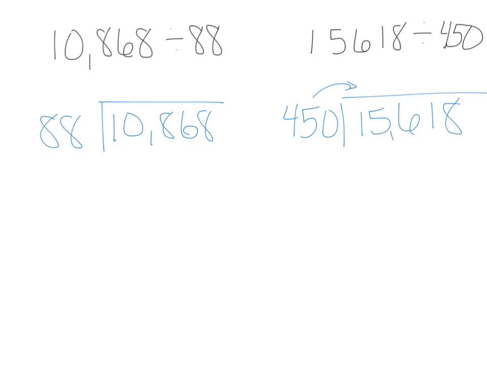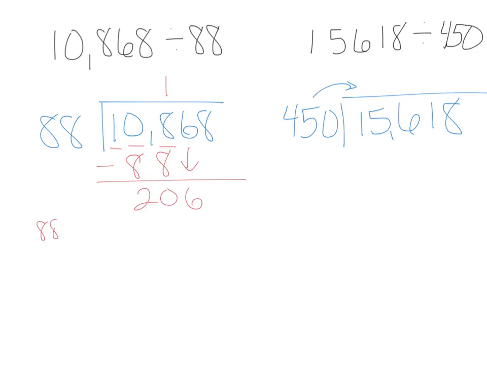We know 88 doesn't go into 1, it doesn't go into 10, but it does go into 108, probably just one time. So then we go 1 times 88 is just 88. That's a difference of 20. So we bring down our 6. If it goes in there, I'm going to estimate about twice.